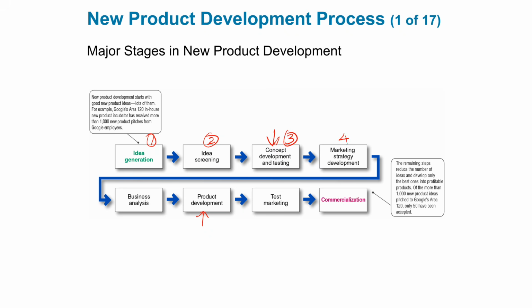Then you have to create marketing strategies for the concept that you have developed, and see if those strategies are the ones that you're going to use for your newly launched product. Then business analysis. Business analysis is to see if your business has enough resources to produce the idea from the screened idea. Then you have product development. In some books it is also called prototype development.